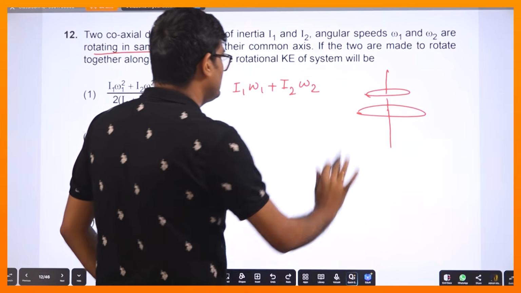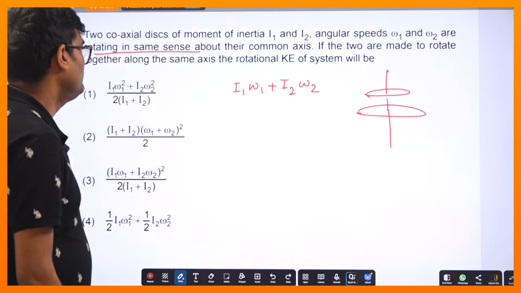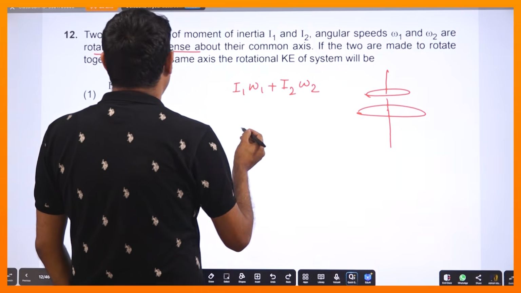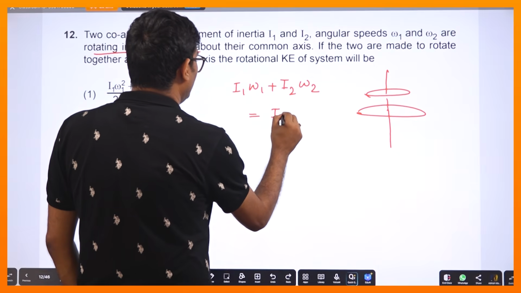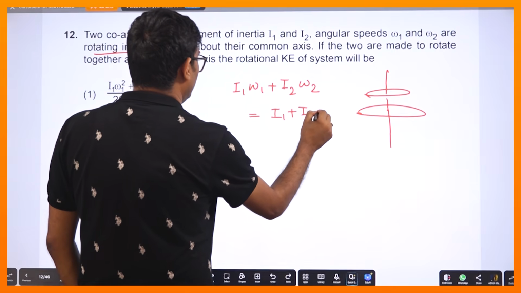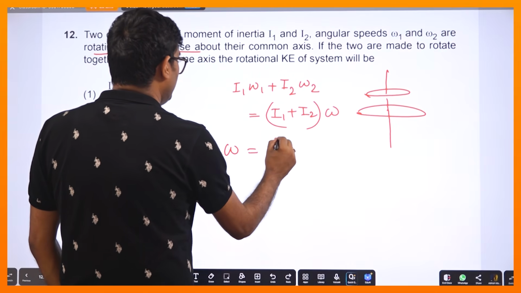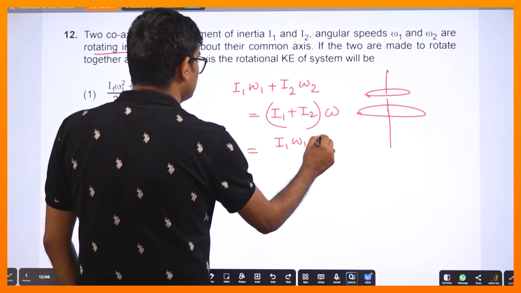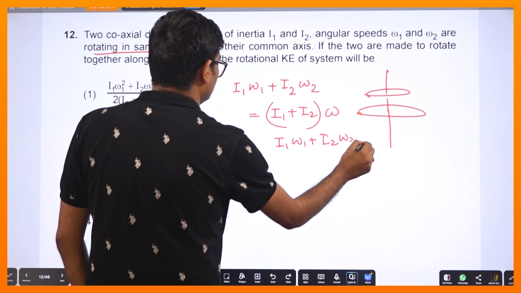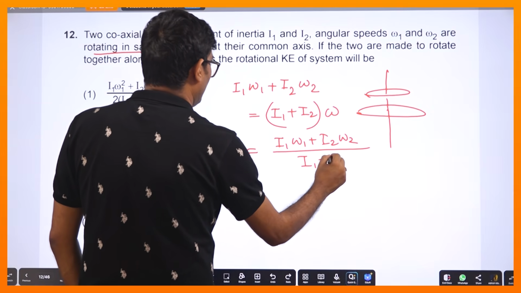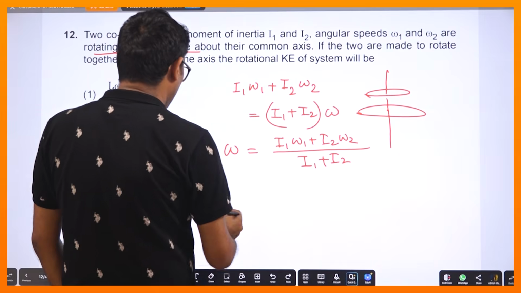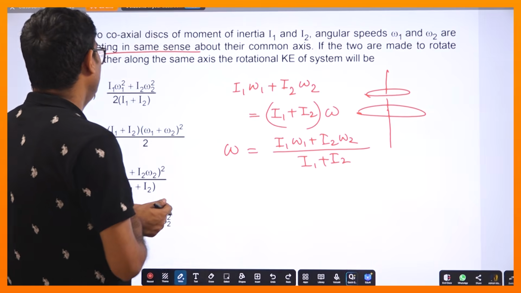The question is trying to say that if the two disks are rotating together, the new moment of inertia is I1 plus I2, and what will be the new omega? The new omega is equal to I1 omega 1 plus I2 omega 2 divided by I1 plus I2. So what is the kinetic energy together along the same axis?